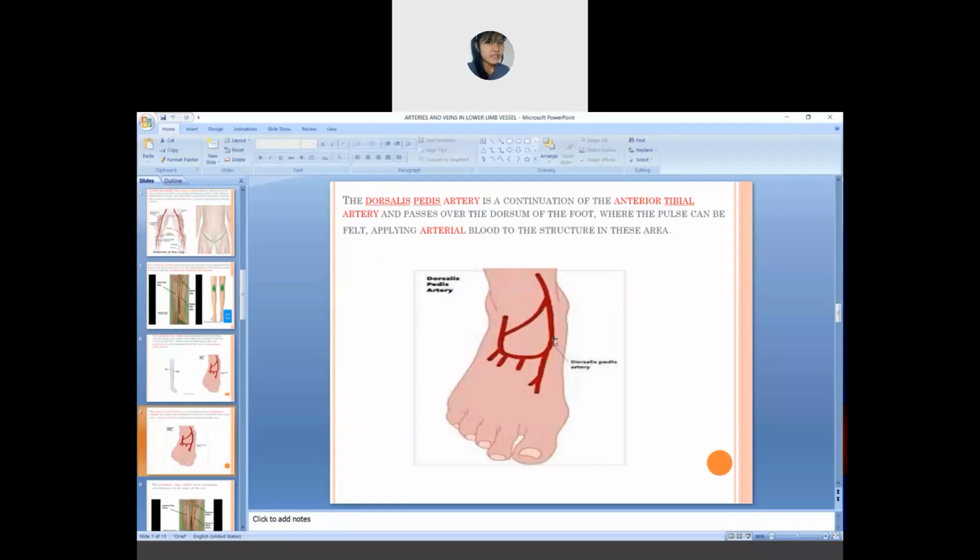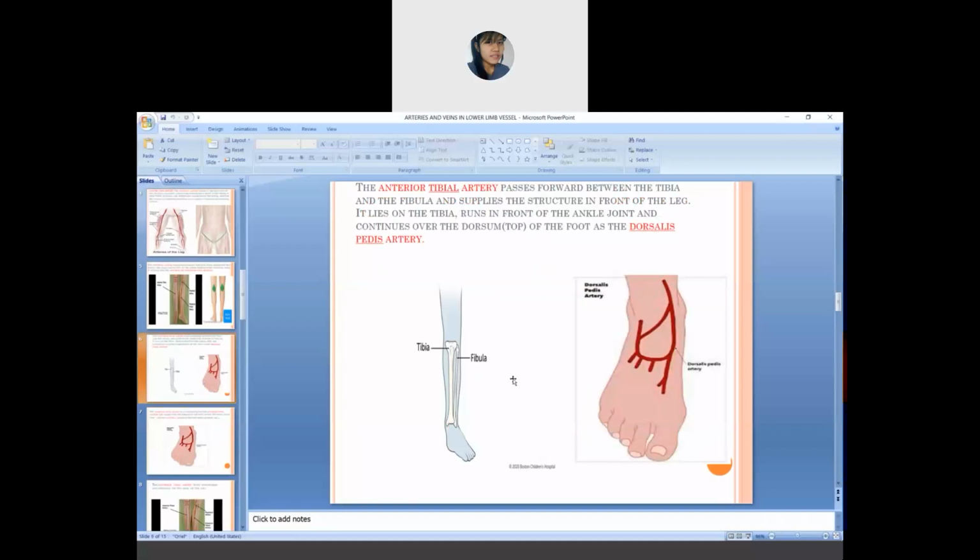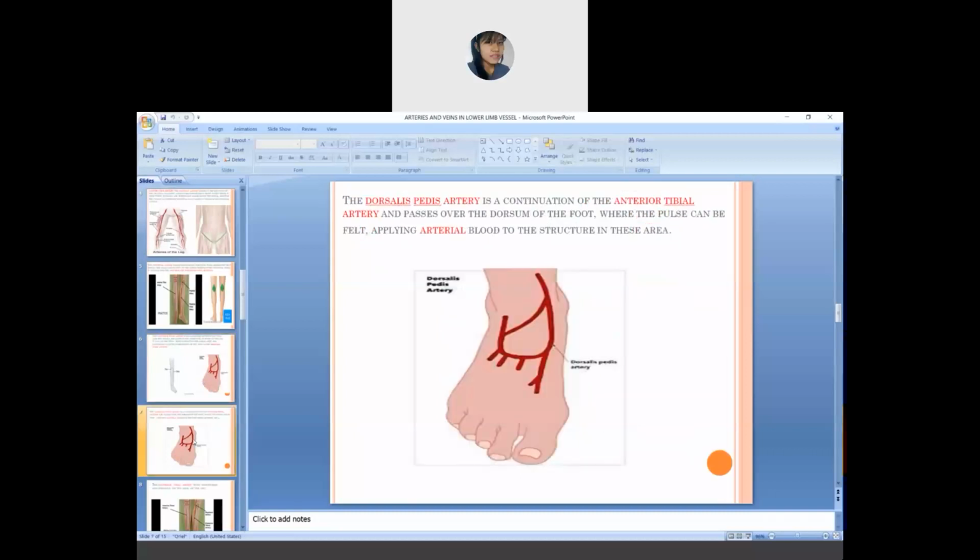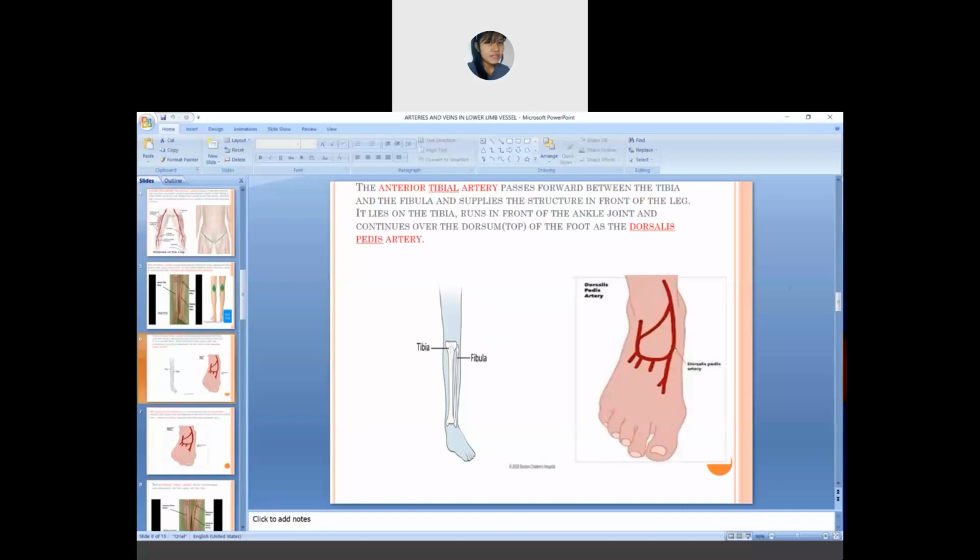It is the continuation of which artery? Ma'am, tibia and fibula. No, no, no, it's not tibia and fibula. Of course, the anterior tibial artery.